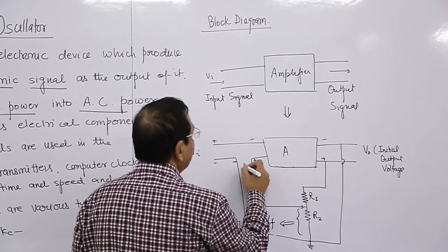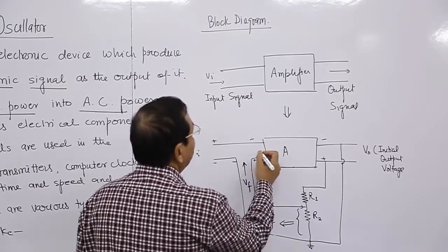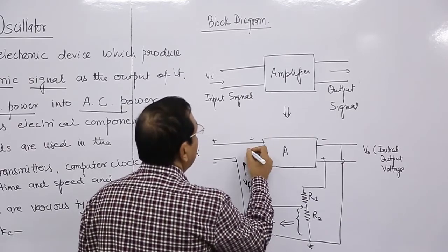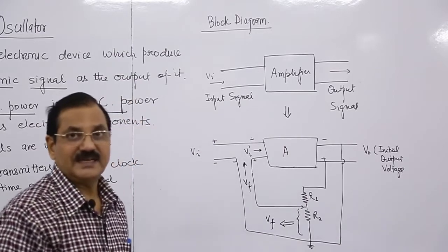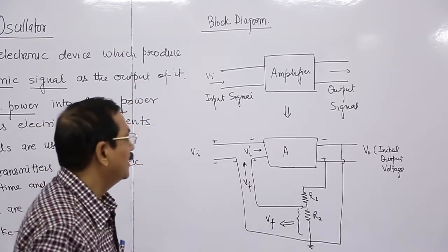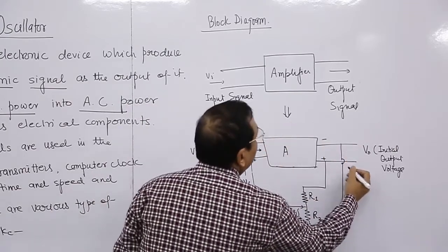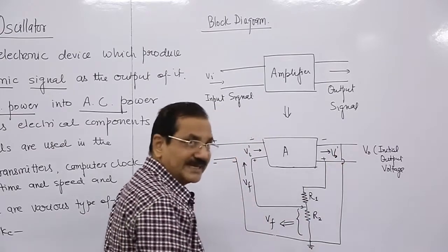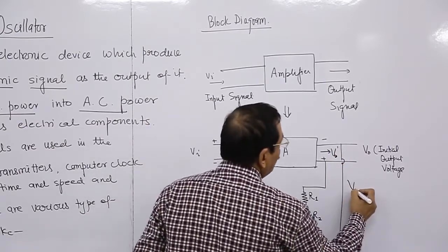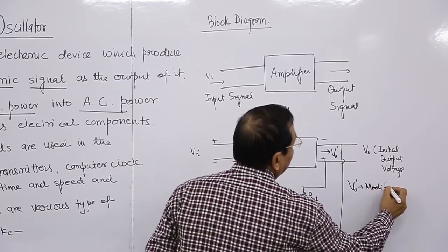So this feedback voltage Vf modifies the input, and this is Vi dash, the modified input. When the modified input is there, then there is a modified output Vo dash.